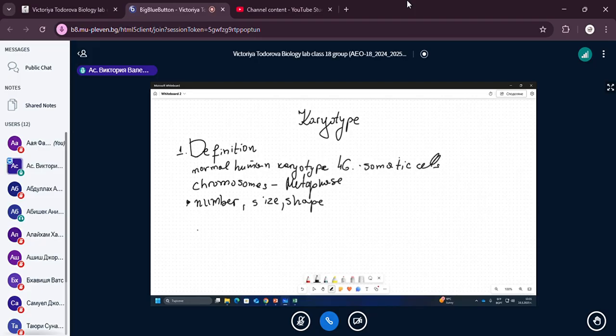And the difference between karyotype and karyogram. Karyogram is something artificial, something made by humans. Karyotype means your chromosomes.